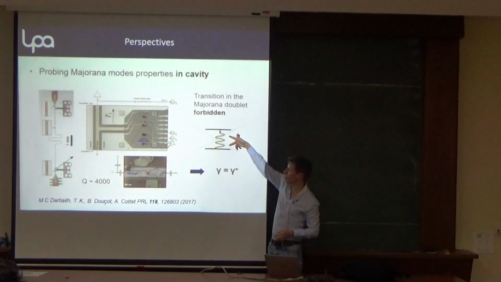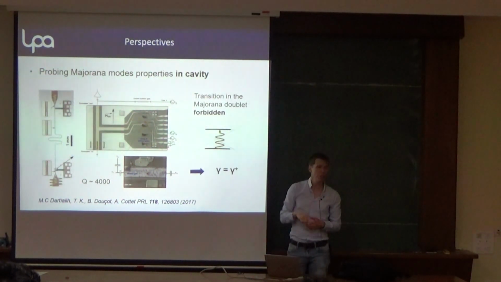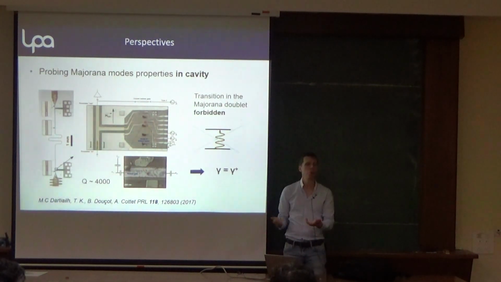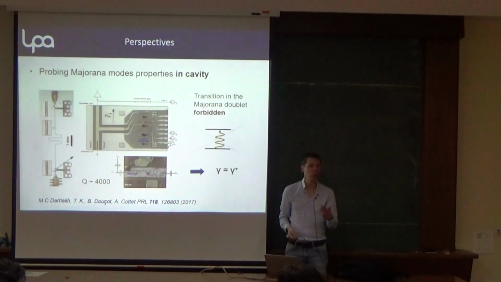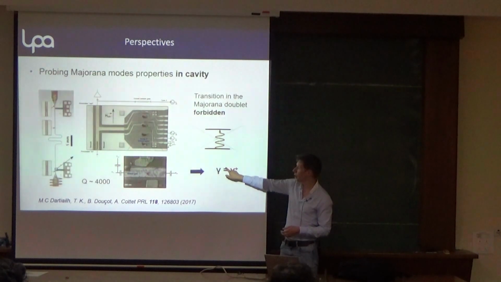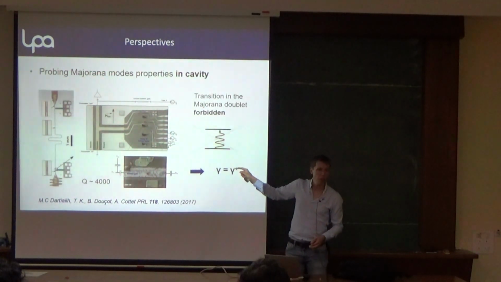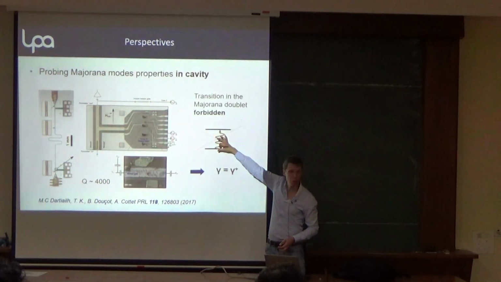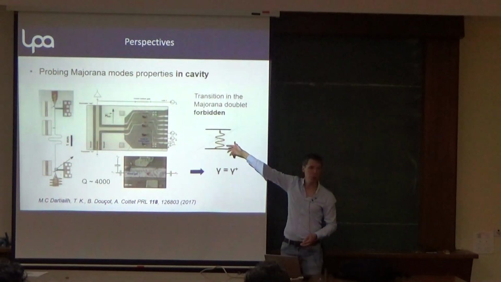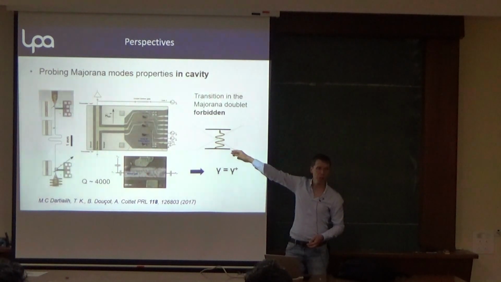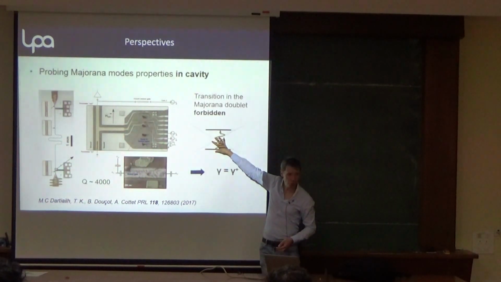But you can say, okay, then I would see this transition in the microwaves. Exactly, I would have absorption, as for a molecule or for a two-level system. But since this doublet is built from particles which are their own antiparticle, you have a selection rule, essentially. You have a polarization degree of freedom, which forbids this transition. Therefore, you cannot see this transition.